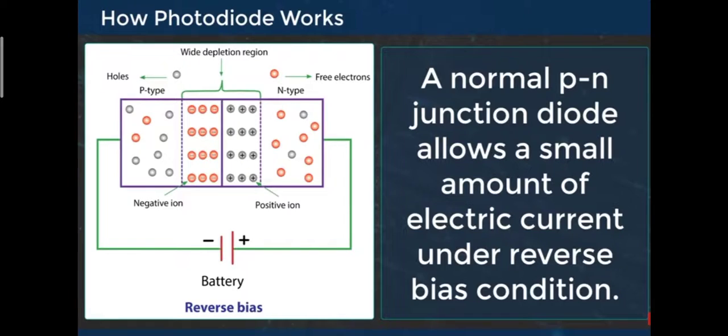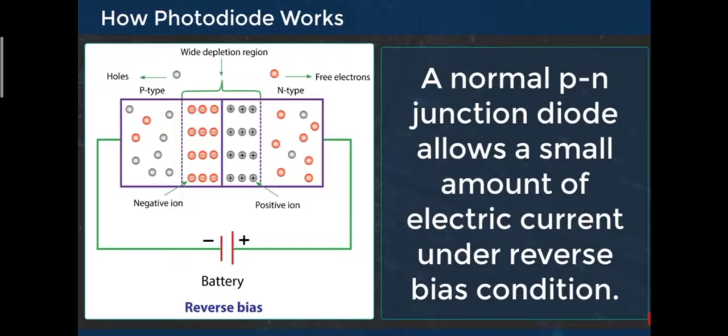I already said why it produces a small amount of electric current: there will be an electric repulsion between the negative charge of the battery and the minority charge carriers, the electrons in the p-type.